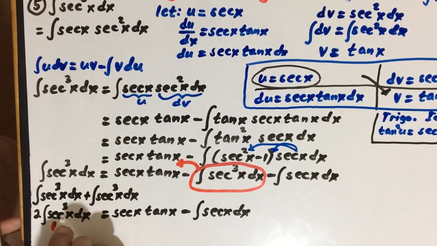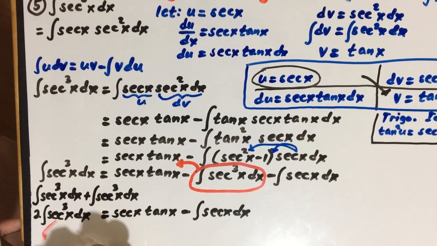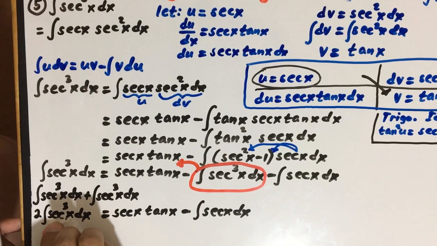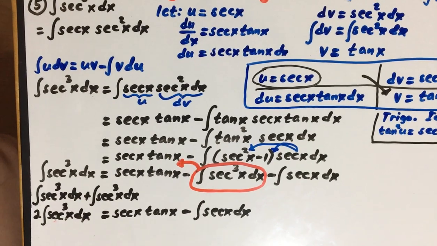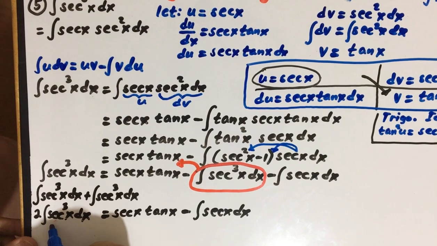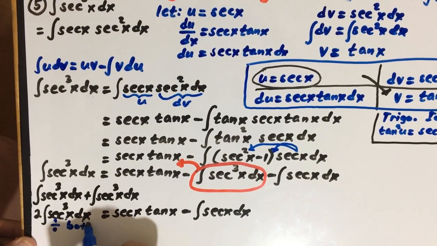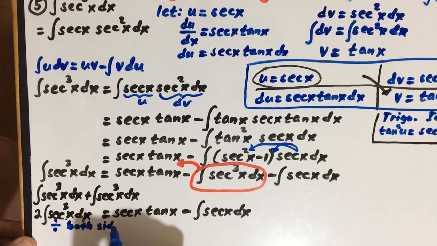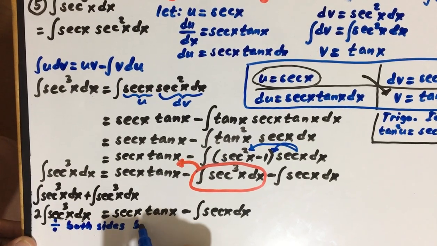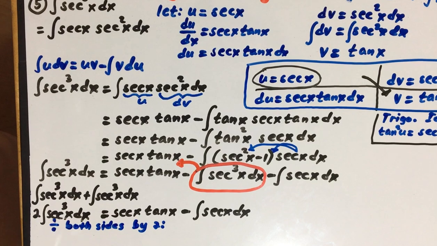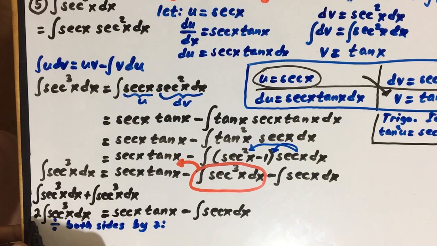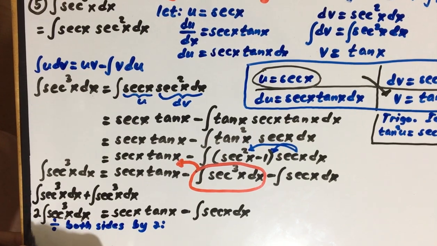So dividing both sides by 2, what will happen? The coefficient here becomes 1.